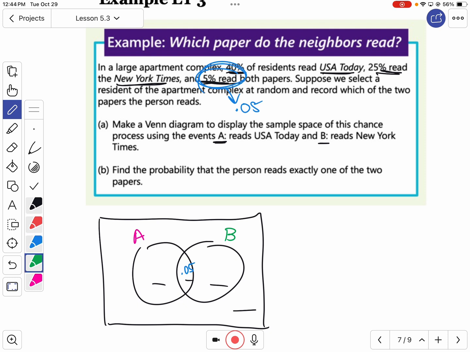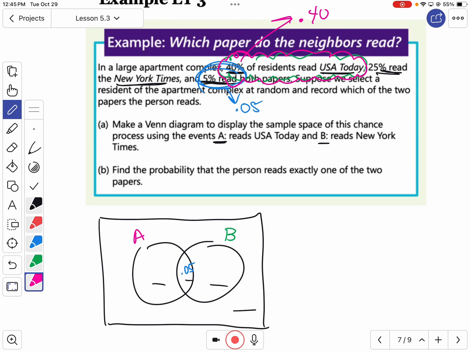Now, let's go back and read what they said. 40% are my USA Today, okay, which is my A, right? What would 40% be as a decimal? 0.40, okay? Now, the only problem with that is that that includes that 5% that I've already got listed, okay? So how would I get how many are left to read the USA Today?